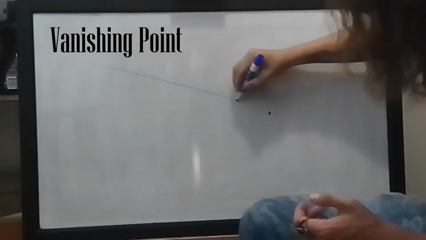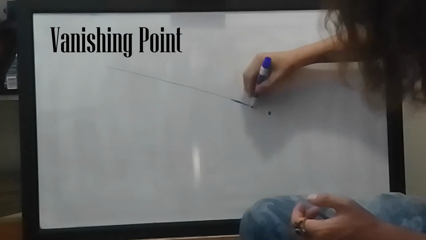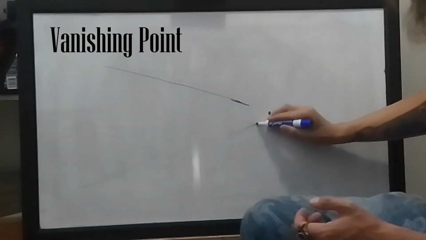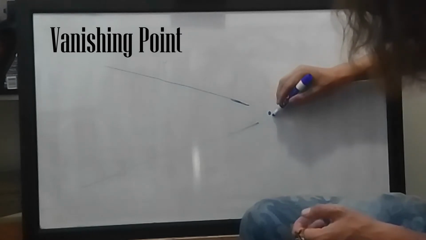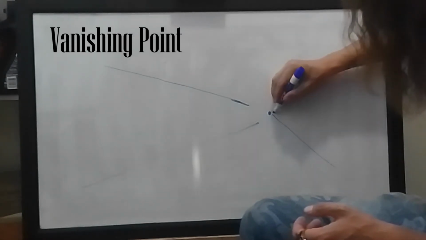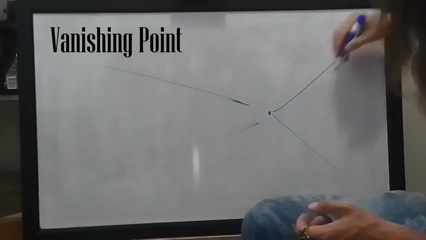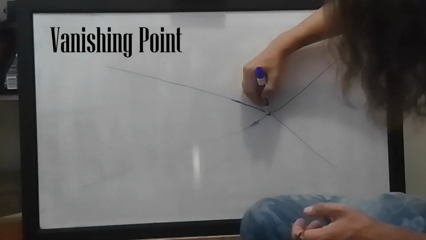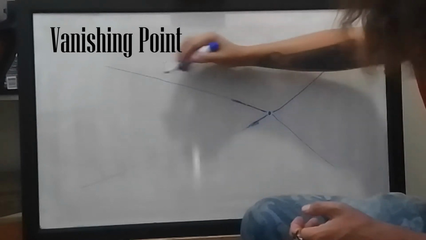So what we're going to do is we're going to point these lines towards this vanishing point here. Okay? So watch how this works.